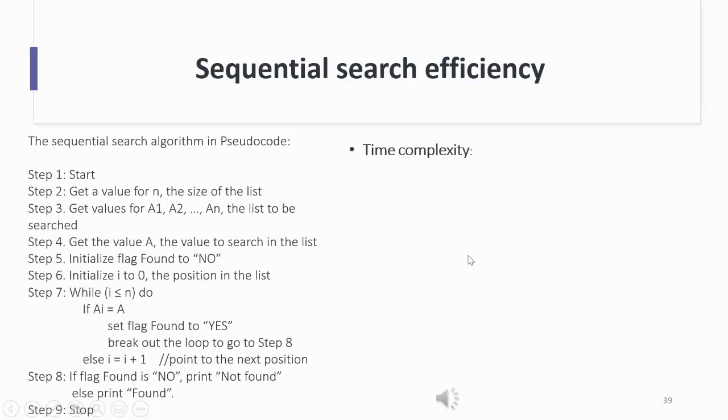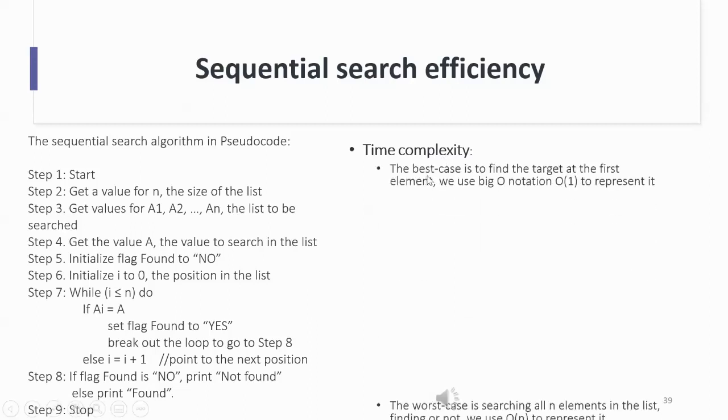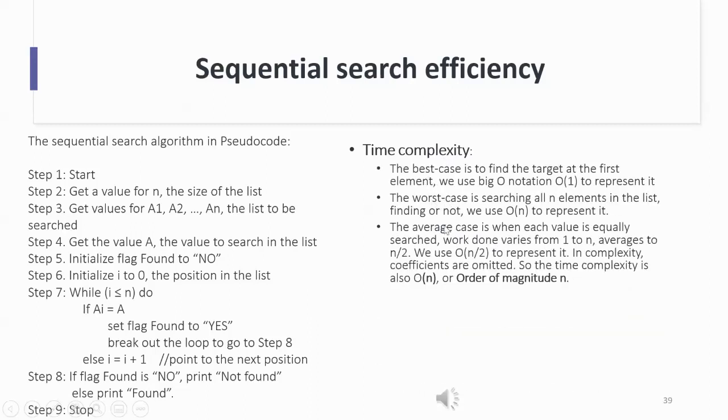Now we consider the efficiency of sequential search: time complexity and space complexity. For time complexity, we look at the best case, worst case, and average case. The best case is we find the target as the first element.